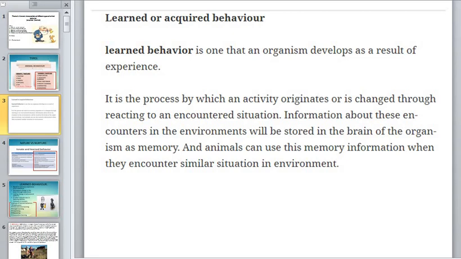The term, it is very often we hear in literature and see in books, and this behavior is one that an organism develops as a result of experience. It's the process by which an activity originates or is changed through reacting to an encountered situation.